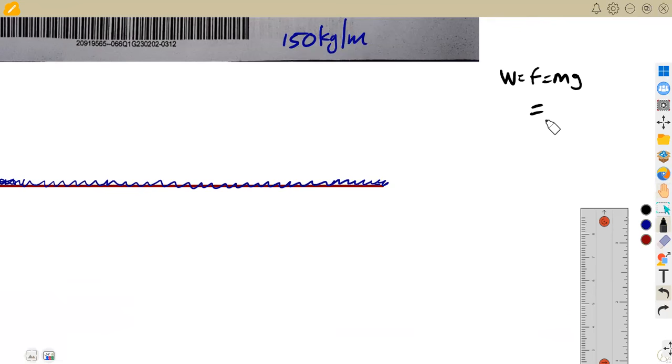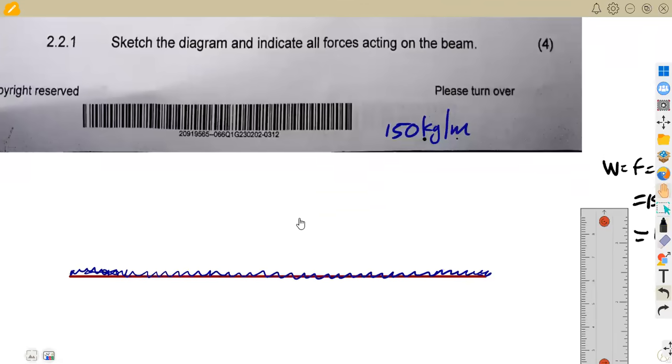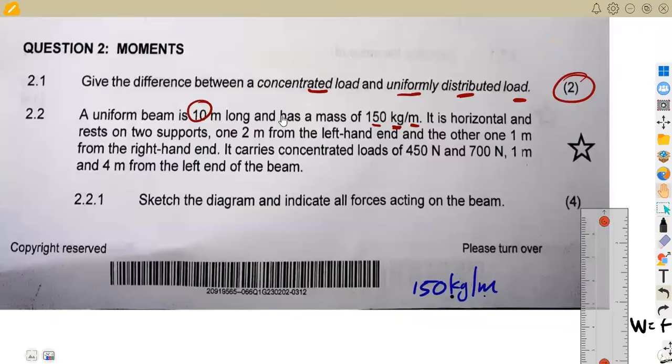So we have the mass of 150 times the gravitational acceleration of 9.8, which gives us 1,470 Newton. But it's taken per meter since we used the mass in kilograms per meter. This is taken over the 10 meters. We shall talk about that later on.